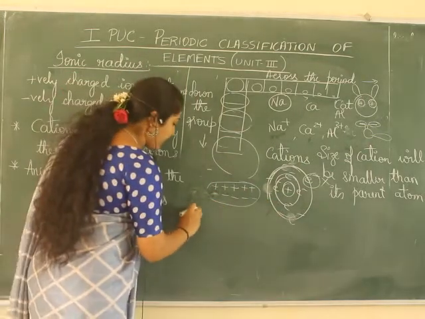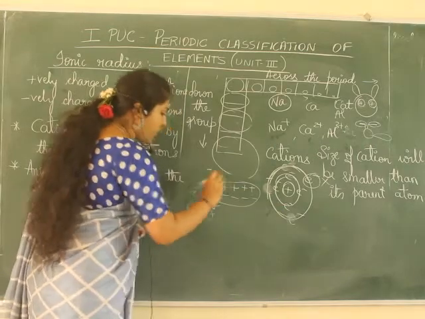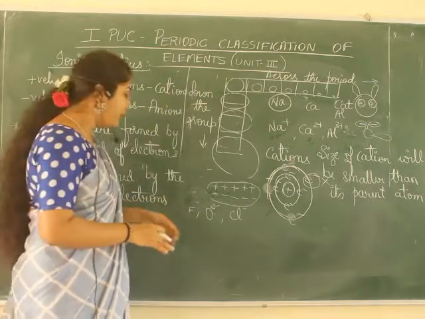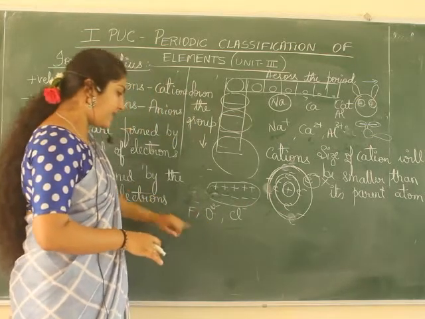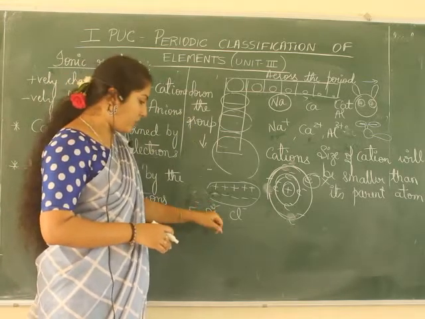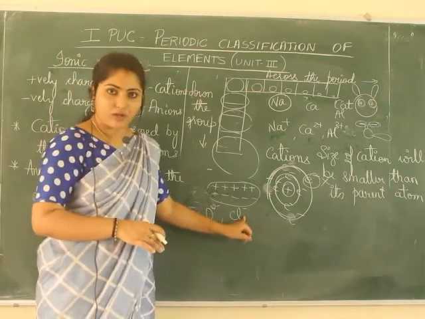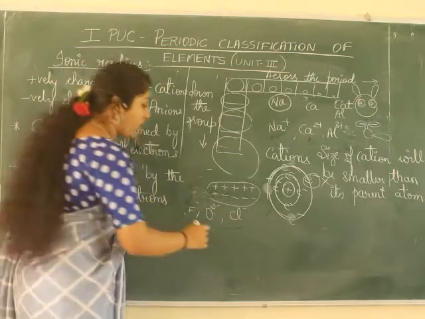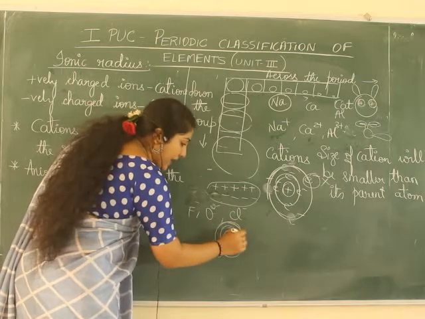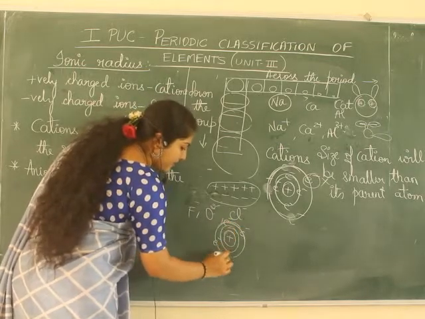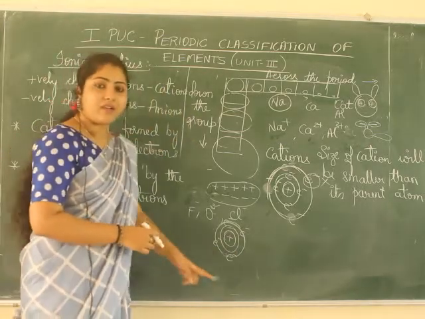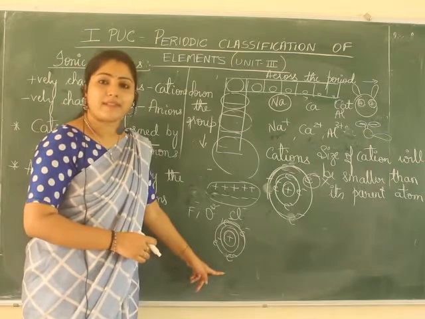Anion means, say, F-, O2-, Cl-, Br-. In these cases, you see one negative charge is extra, it means one extra electron, two extra electrons, one extra electron. In this case, what has happened? Already there was a nucleus, there were electrons, and along with that, one electron has been added extra. If one electron has been added extra, what happens?